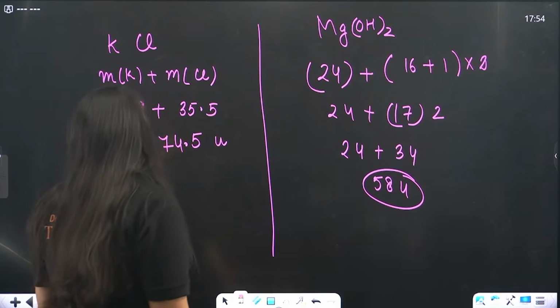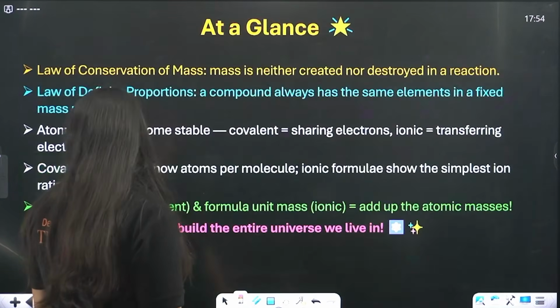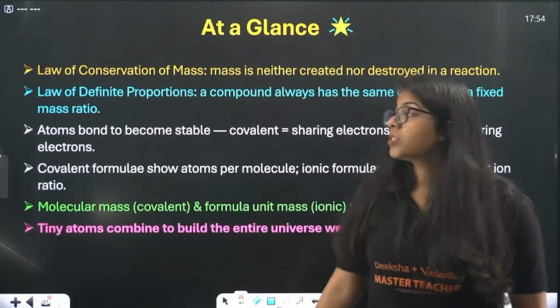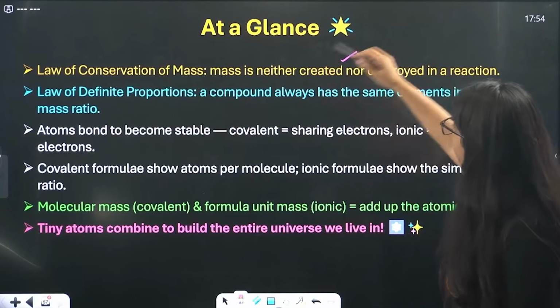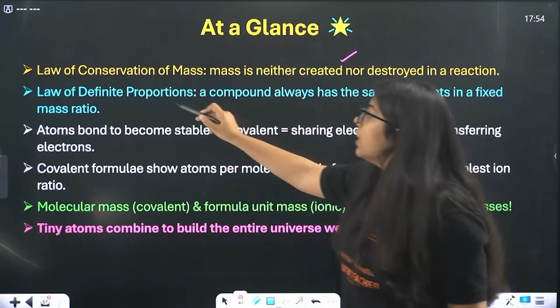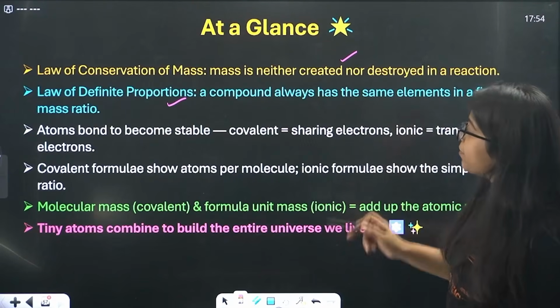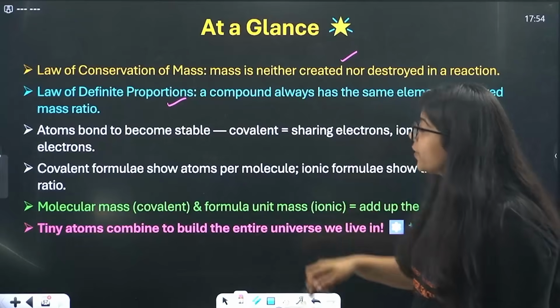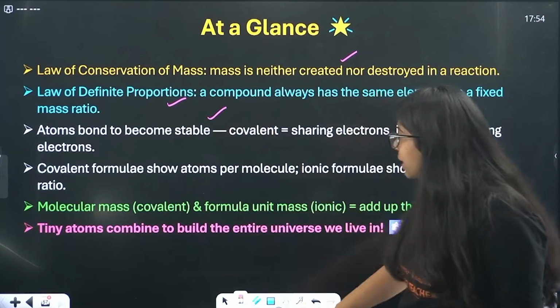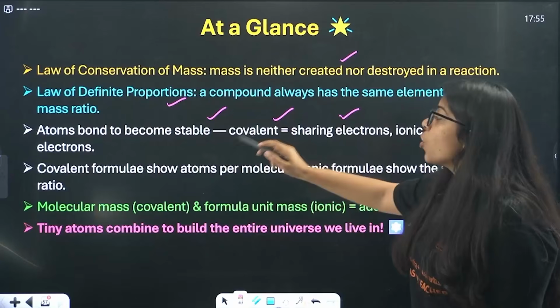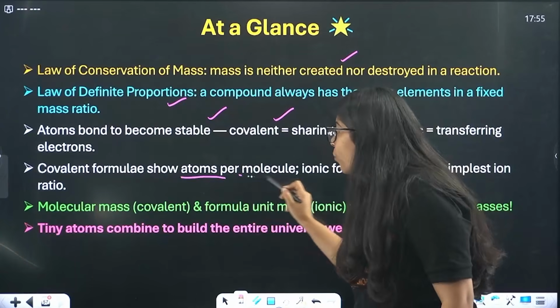And beta, that is all for this. What did we study? We studied the law of conservation of mass: mass is neither created nor destroyed in a reaction. Law of definite proportions, very important: a compound always has the same elements in a fixed mass ratio. Atoms bond to become stable. Covalent means sharing. Ionic means transfer of electrons. Covalent formulas show atoms per molecule.